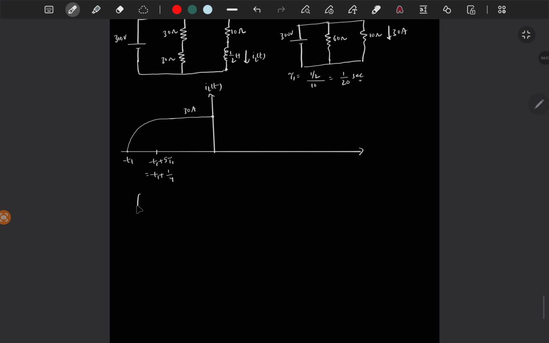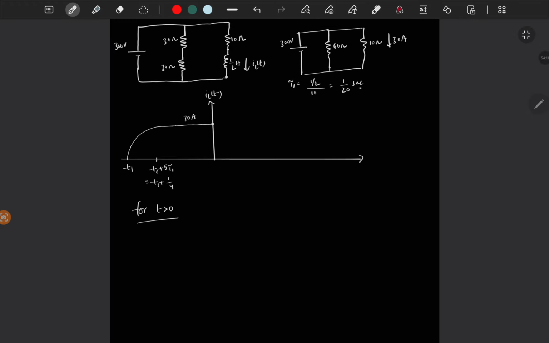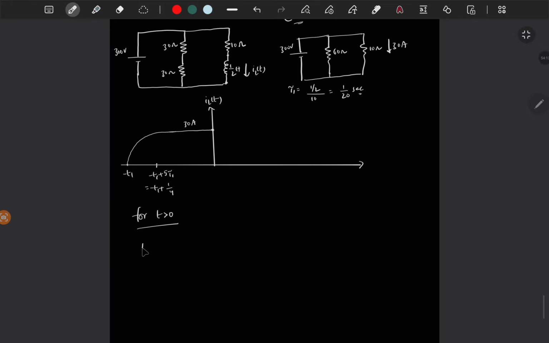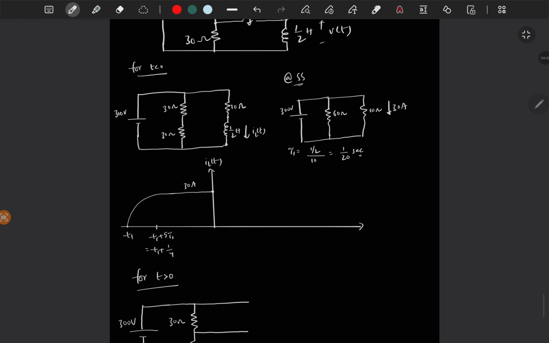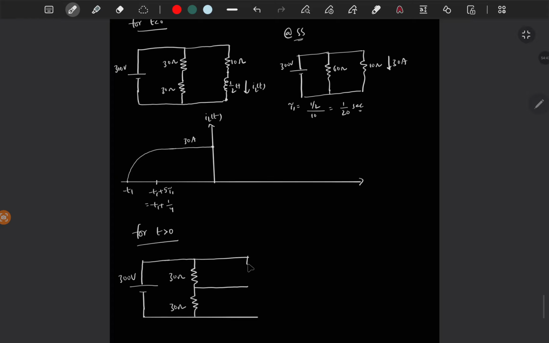So for t greater than 0, we have 300 volt, 30 ohms, 30 ohms, and short circuit, and 10 ohms, inductor.